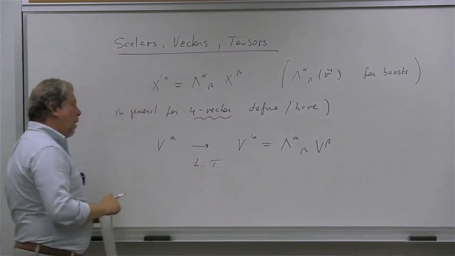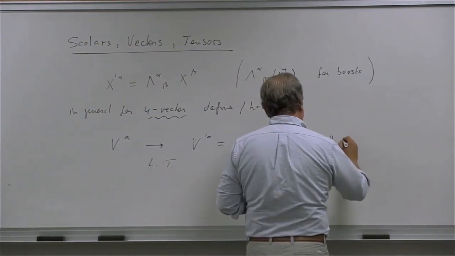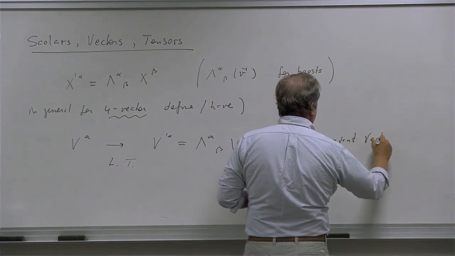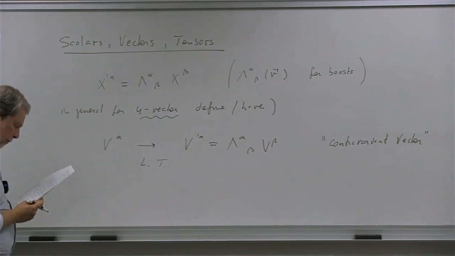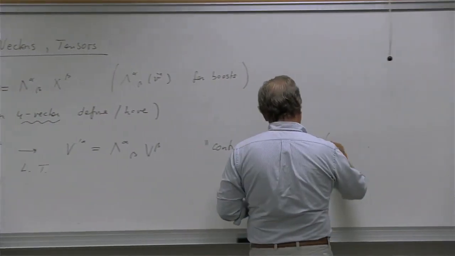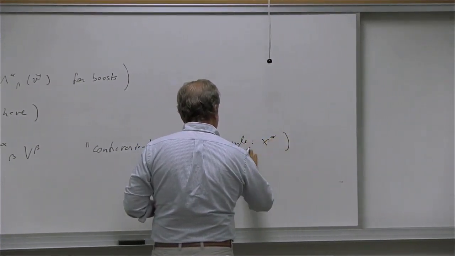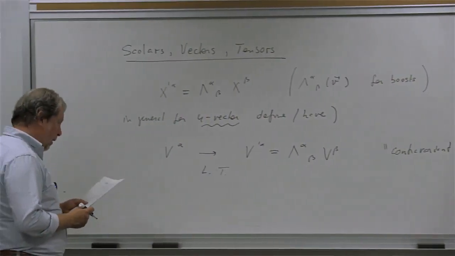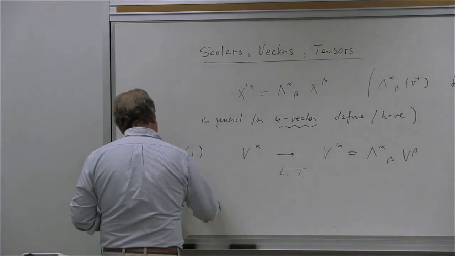Now, it's not quite as simple, because this is actually what is referred to as a contravariant vector, because we can define something else. An example is, of course, x alpha. So we've seen an example of that. But we can define something that is slightly different. So that's case 1.